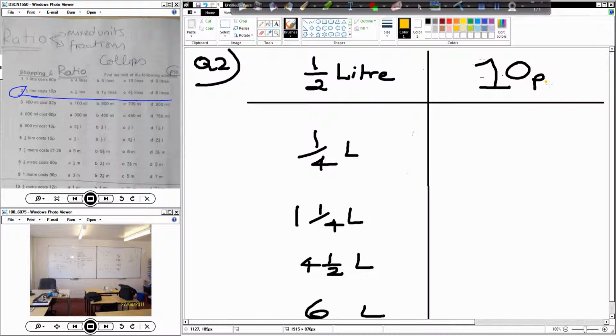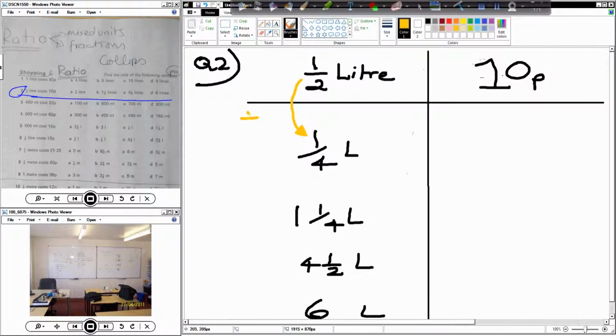Right, okay. Half a litre to quarter of a litre. Who knows the connection between half and a quarter? Let's have Mr. Ali. If you know what half a litre is, how do you get from half to a quarter? Do you times, divide, what do we do? Ali?